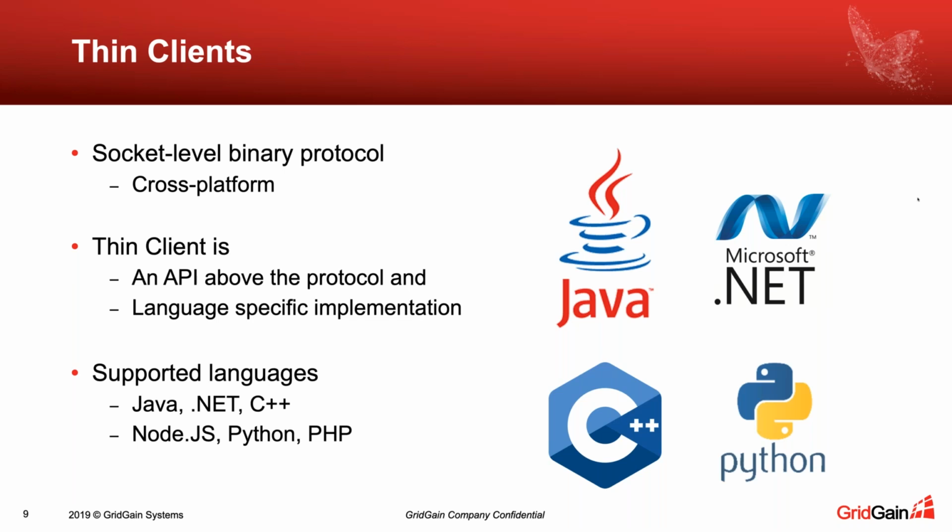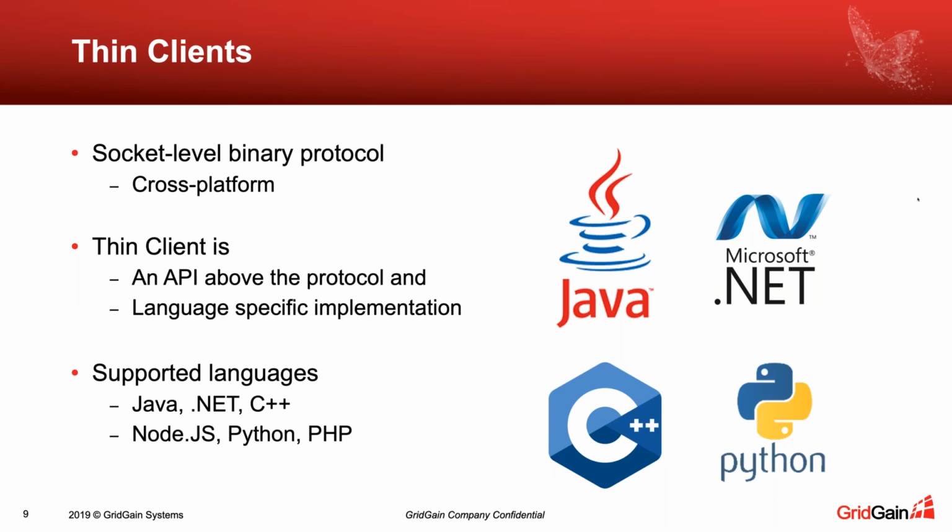Since the protocol is based on straightforward socket TCP/IP communication, you just need to open a connection to one of the servers in your distributed cluster, and then use your key value, SQL, or other APIs.